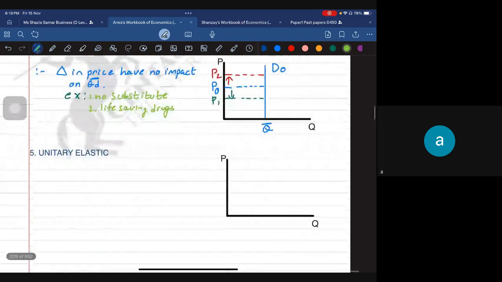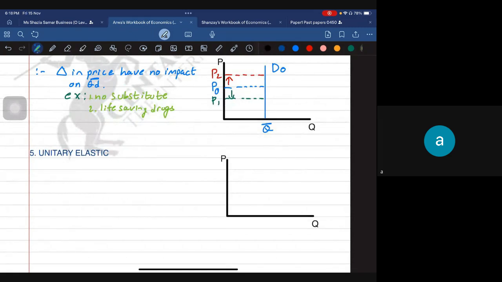So unitary elastic equals one. Basically the percentage change in price is going to be equal to the percentage change in quantity demanded. For example, if the price decreases by 10%, the quantity demanded is going to increase by 10%. It has an equal change.